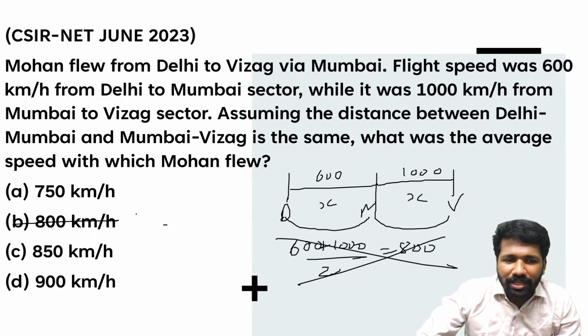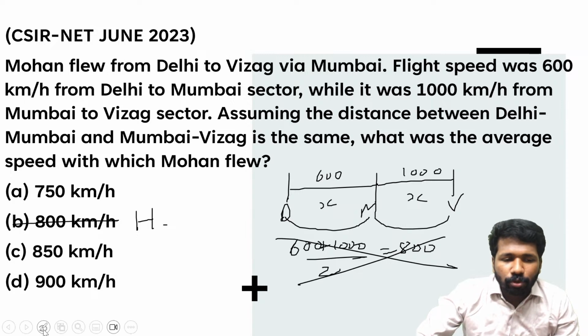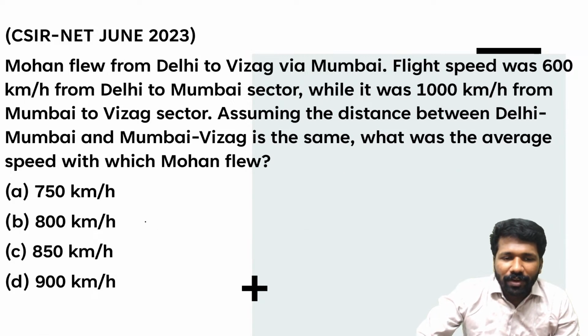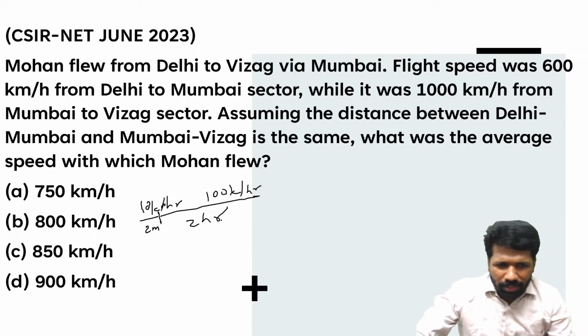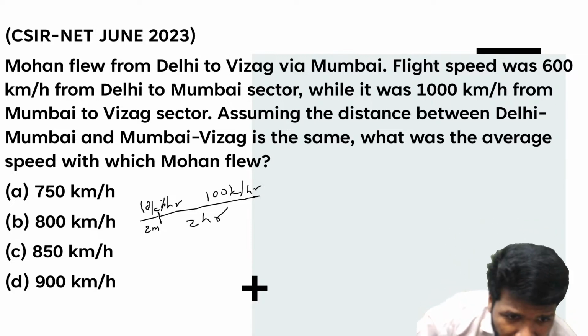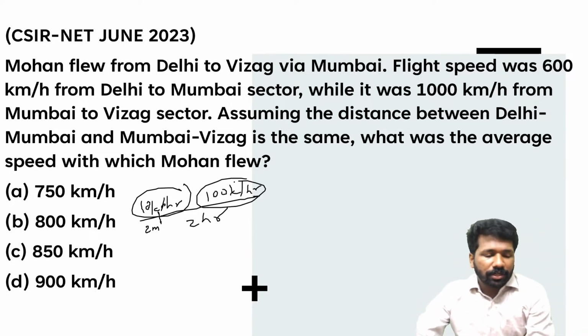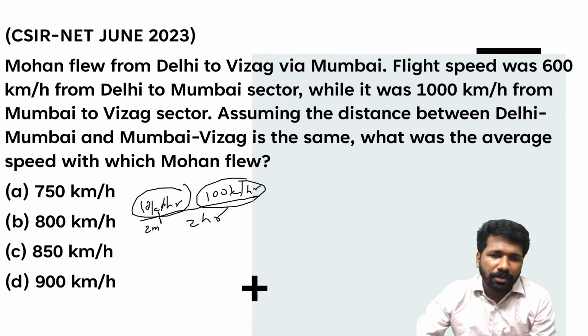To make you understand this practically, I will explain it with another example. Think that you are traveling the first 2 minutes at 10 km per hour, but the next 2 hours you are traveling at 100 km per hour. If you logically think, will your speed be the middle of 10 and 100? The middle of 10 and 100 is 55.